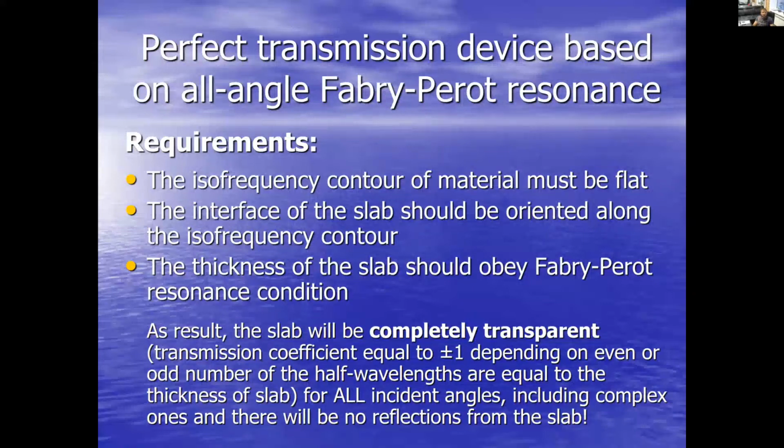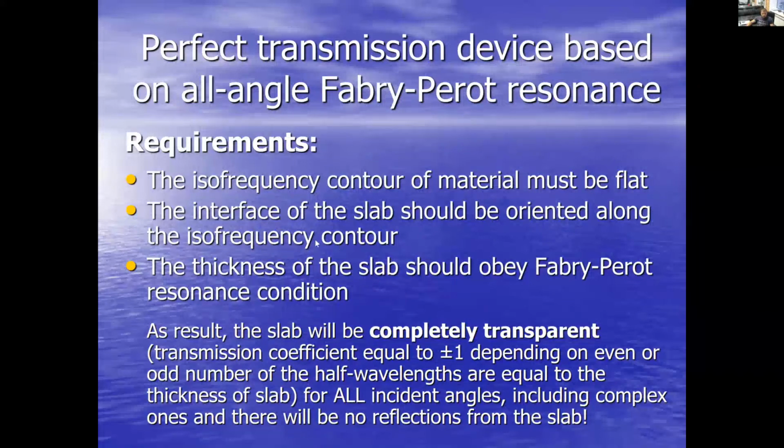Luckily, in metamaterials with a flat isofrequency contour, the speed of light across the material is the same independently of the transverse wave vector. So the Fabry-Perot resonance will hold for all angles of incidence, including complex and real ones, and you will have total transmission through the slab.